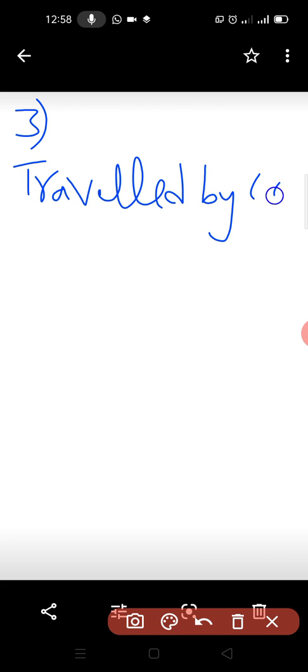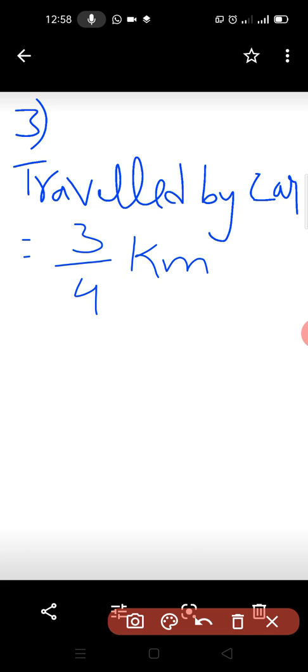Travel by car is 3 by 4th kilometers. Next, she travelled by auto is 1 by 2.